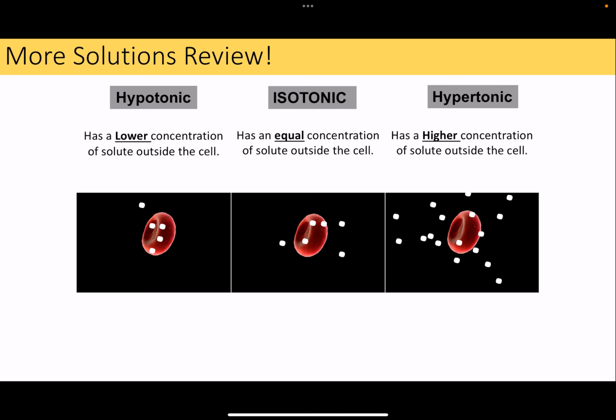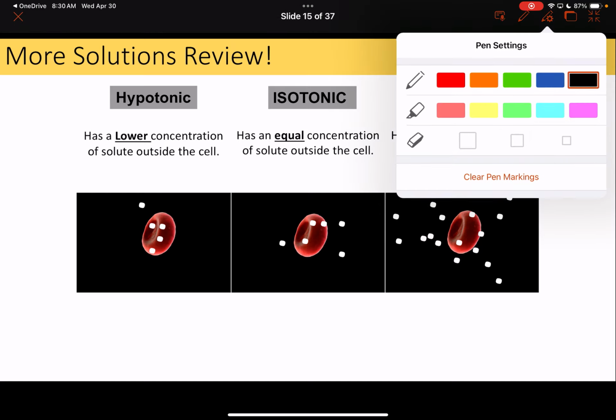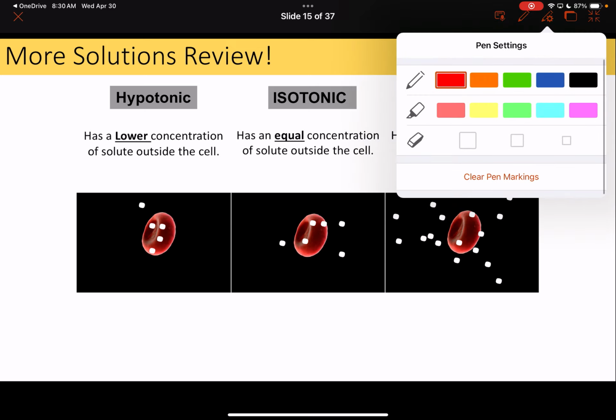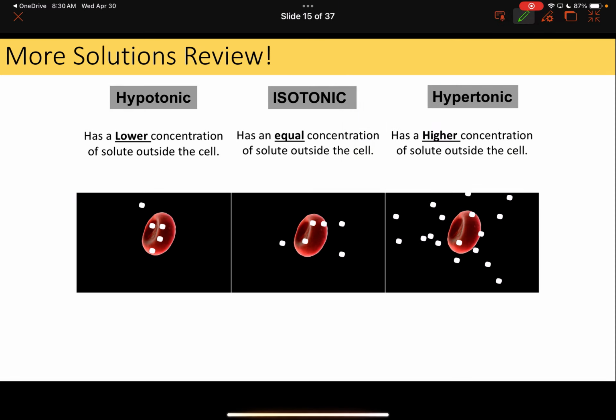With a hypotonic solution, which way does water tend to move? Into the cell or out of the cell? Into the cell, yeah. Let's say outside the cell we had 2% sodium chloride.